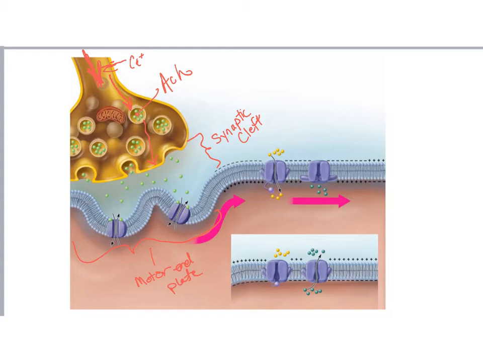Okay. So when those ACh molecules bind, they're going to change the permeability of the sarcolemma, which is the muscle fiber membrane, to where it's going to be more permeable to sodium.